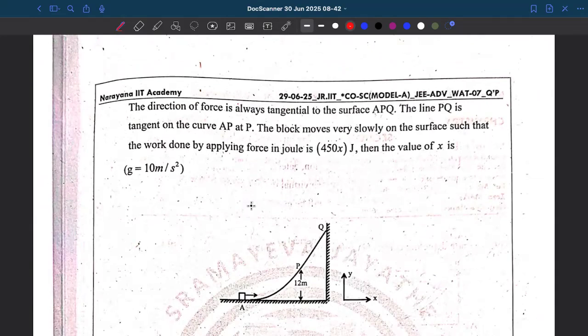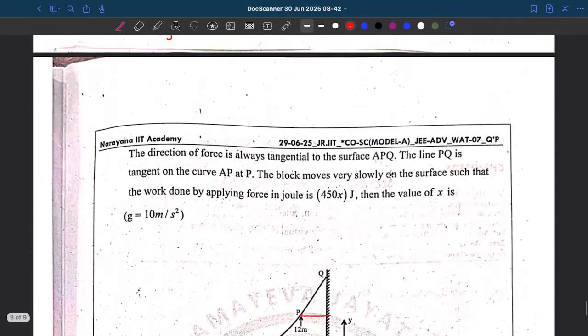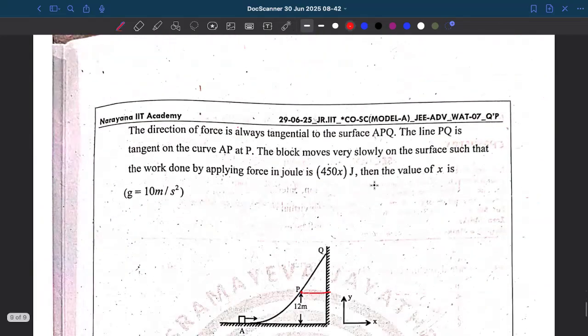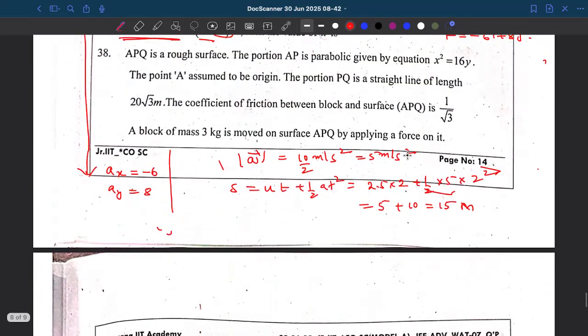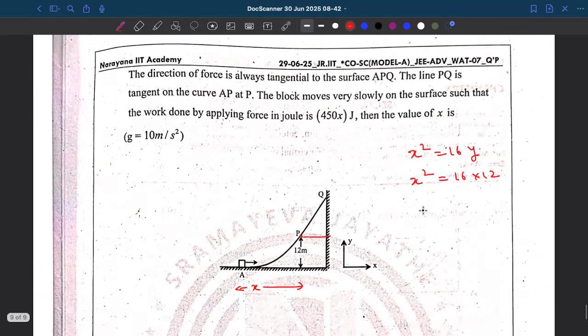ఒరే నాకు ఇదంతా తెలియదు కానీ ఇది 12 అని చెప్పావు నువ్వు నాకు, కరెక్టేగా? షూర్. రైట్. దీనికి ఎక్స్ కూడా ఎంతో తెలుసు నాకు. ఈక్వేషన్ ప్రకారం x² is equal to 16y. x² is 16 into 12.